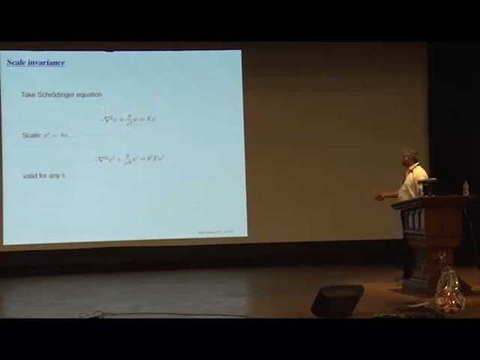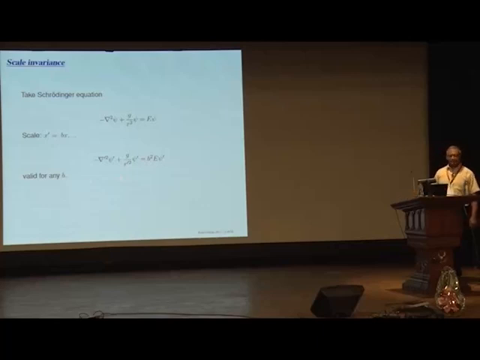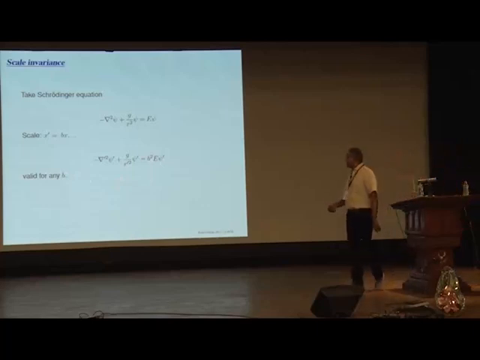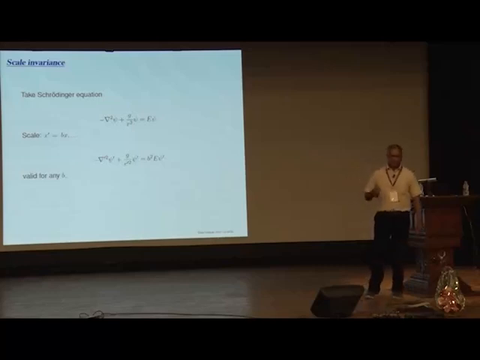So in terms of this prime variable, I again get back Schrodinger equation with the same potential. It doesn't happen for any other potential. And that b square comes with E. And this is very unusual, because if E is an energy eigenvalue, b square E is also an energy eigenvalue for any value of b. This goes against the basic theme of quantum mechanics, that bound states are discrete.